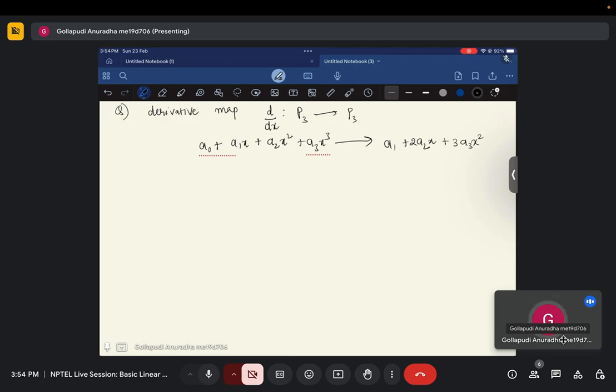So what is the dimension of kernel for this transformation matrix? N plus 1, so it would be 4.